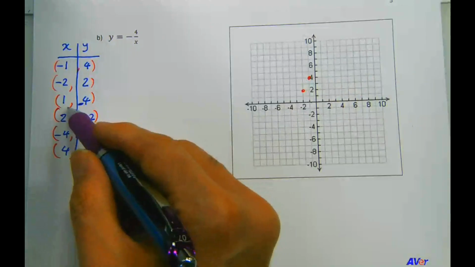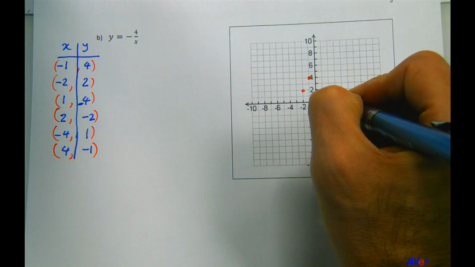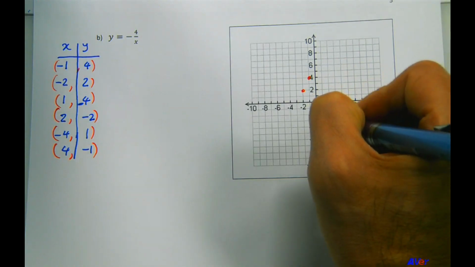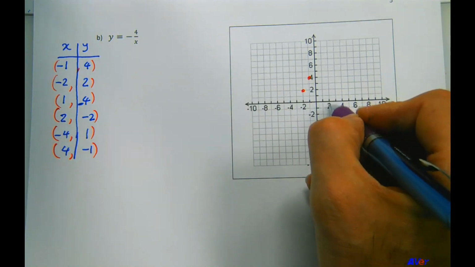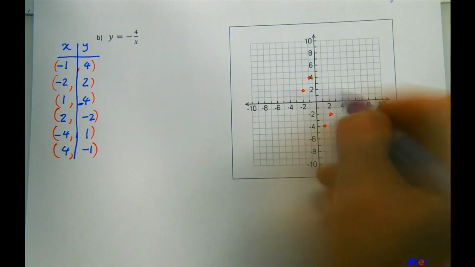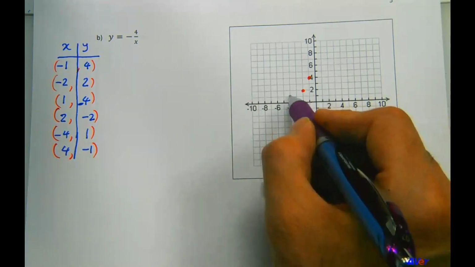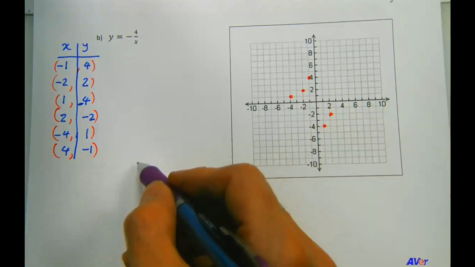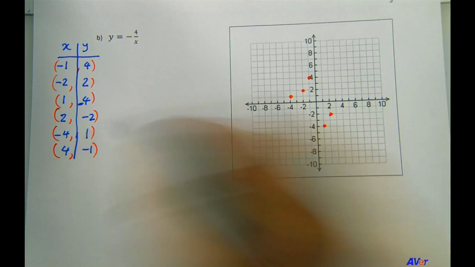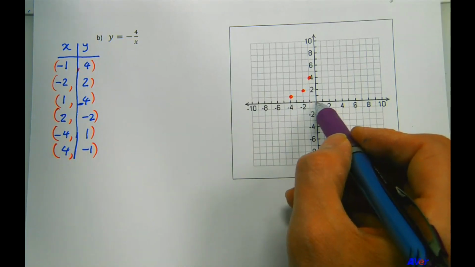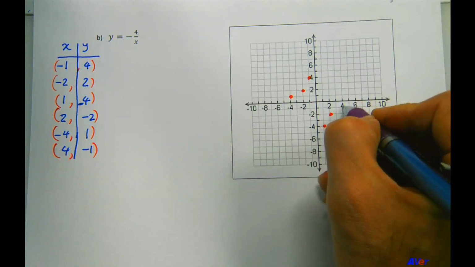And 1, -4. That one. 1, -4 right here. 2, -2. That would be here. -4, 1, like that. Yeah, as expected, it's got two pieces, and it is going to be symmetric with, well, let's wait and see. And 4 and -1, that one.